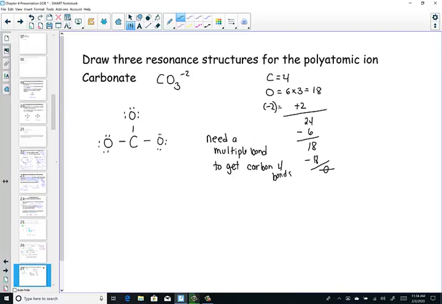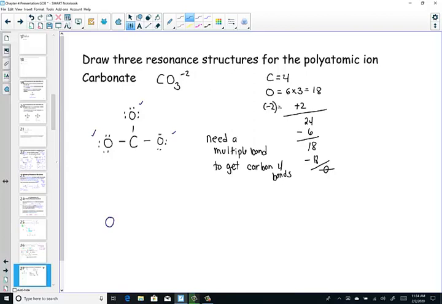So what do we do? Do we take it from this oxygen? Do we take it from this oxygen? And do we take it from this oxygen? And the answer is absolutely yes. That's our 3 structures. Do you notice that we have 3 equal choices to create a double bond?